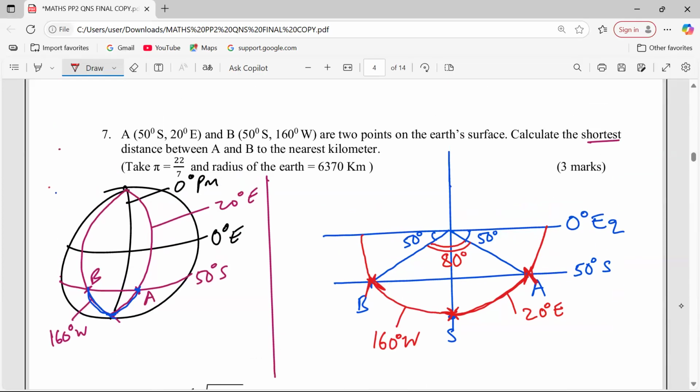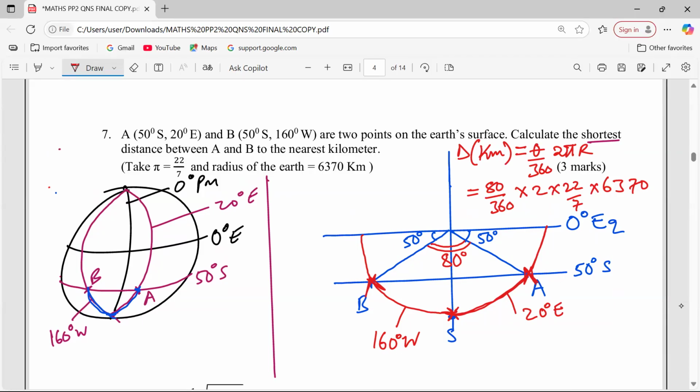Now, allow me to use the space here and say the distance in kilometers along a great circle is given by theta over 360 times 2 pi r. So theta is 80 over 360 times 2 pi r, 6370. 80 by 2 by 22 by 6370, then I divide by 360 and 7.